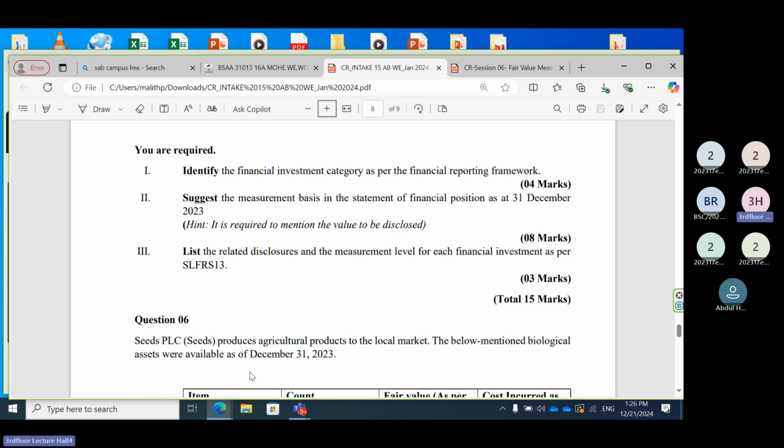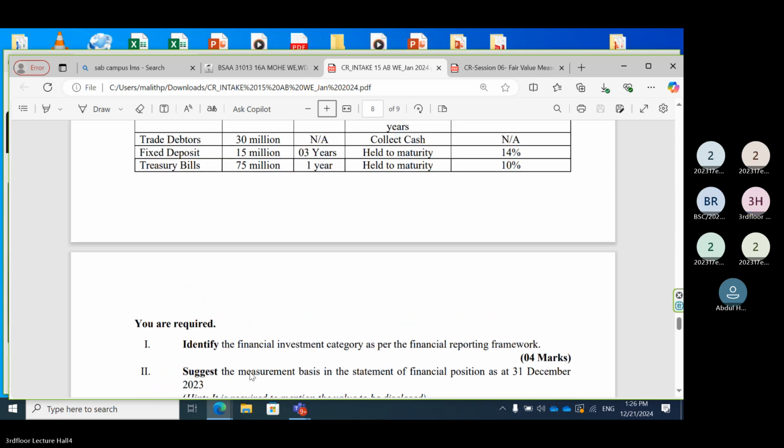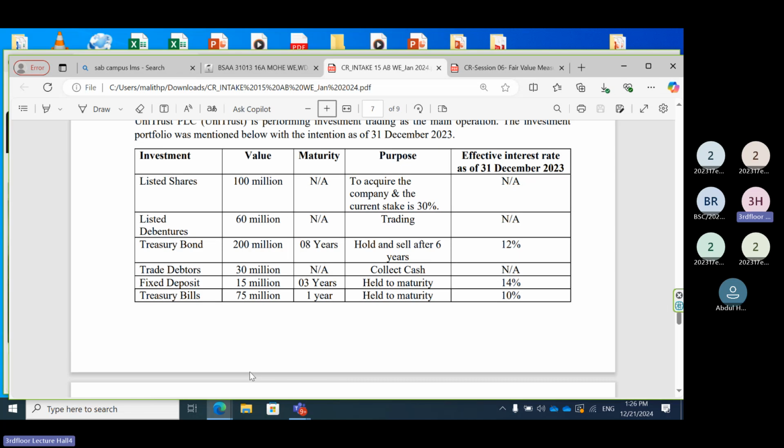So then as per the given facts, you need to do the fair valuation. We have listed shares, listed debentures, treasury bond, trade debtors, and fixed deposit and treasury bills.